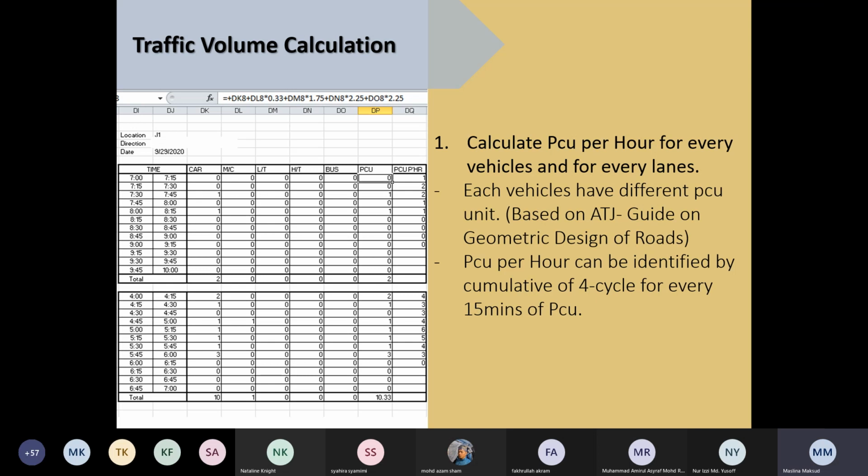And then to convert it to the hour, we do the cumulative addition of 4 cycles of the 15 minutes. So it completes 1 hour of the PCU traffic volume.